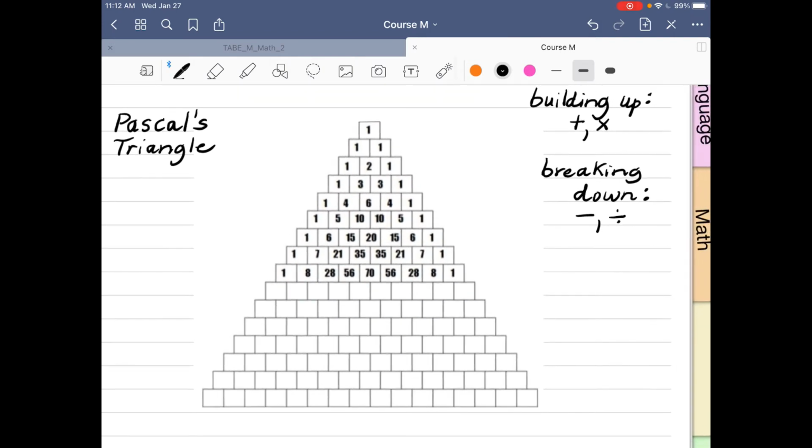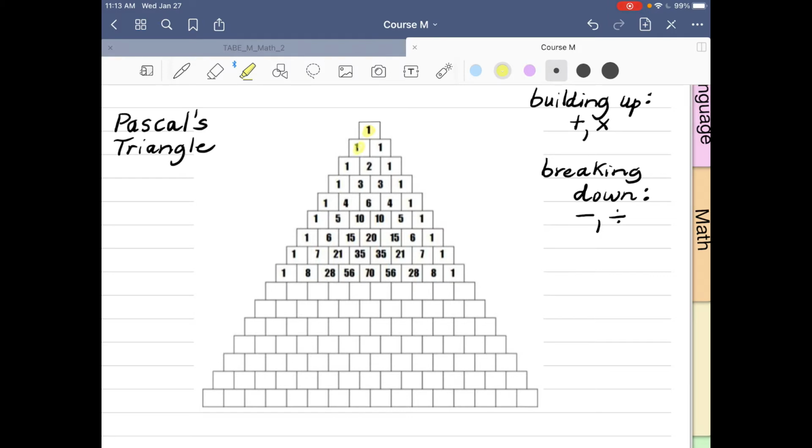I just pulled this off the internet. I've seen it with many more rows than this, and I've seen it with fewer rows than this. This one is pretty long, so it will take us just a little bit of time to get this one done. But I want to first call your attention to the edges, the ones.